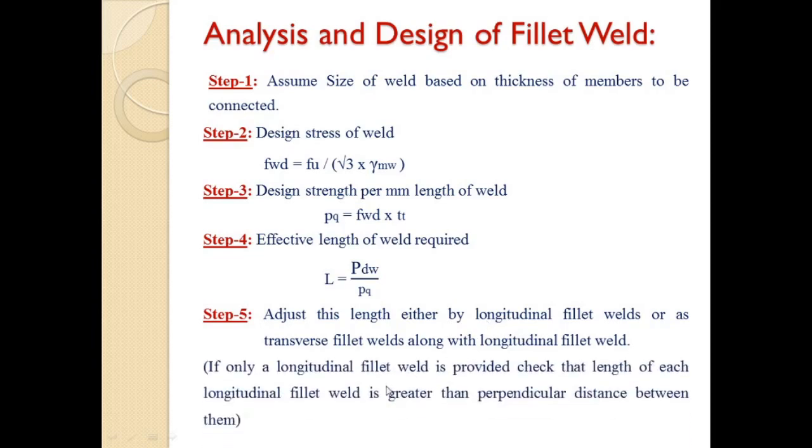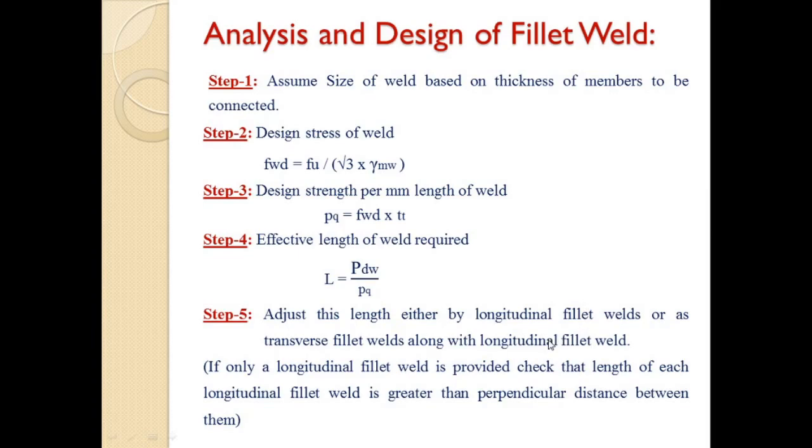We have to take note that if only longitudinal fillet weld is provided, then check that the length of each longitudinal fillet weld should be greater than the perpendicular distance between these two welds.